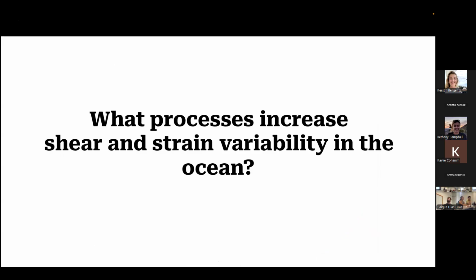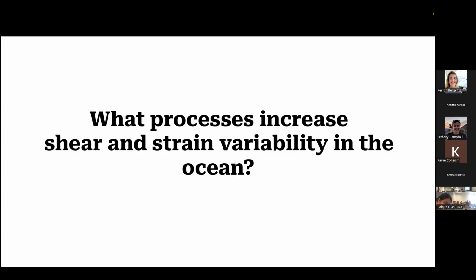So now we know what shear is and what strain is. Let's talk about what processes in the ocean can increase shear or strain variability. Let's make a table here. On one side we're going to have shear, the other side we're going to have strain.